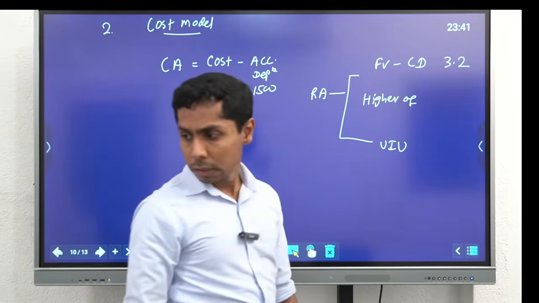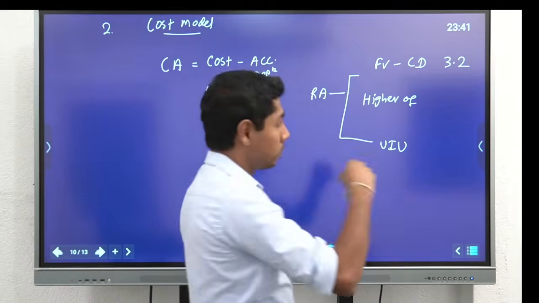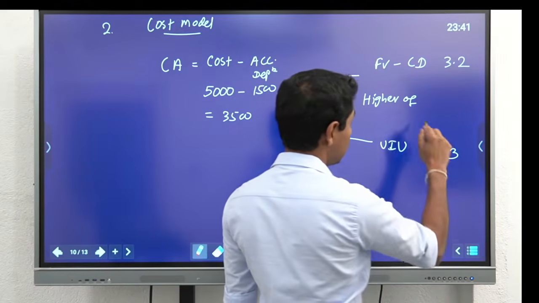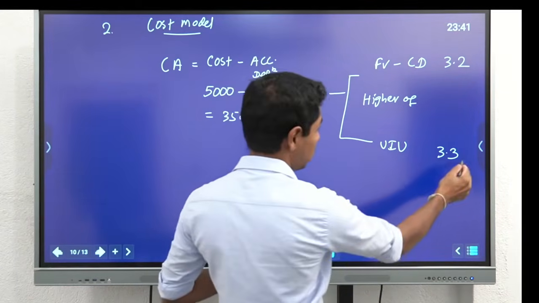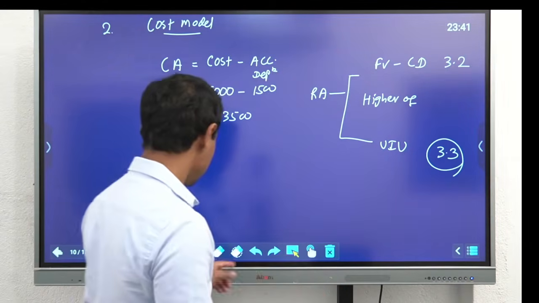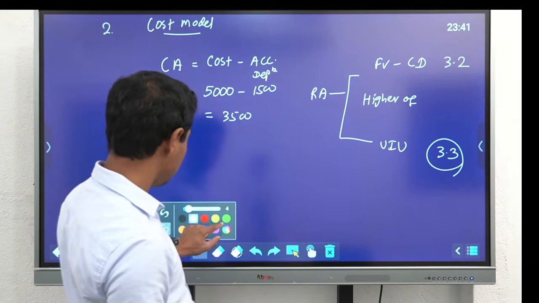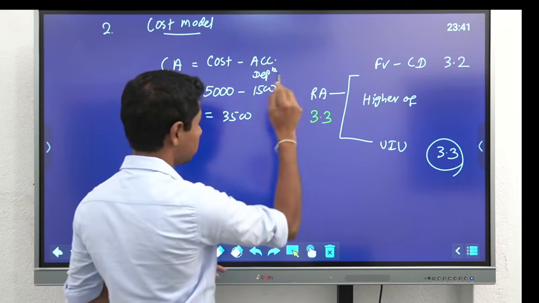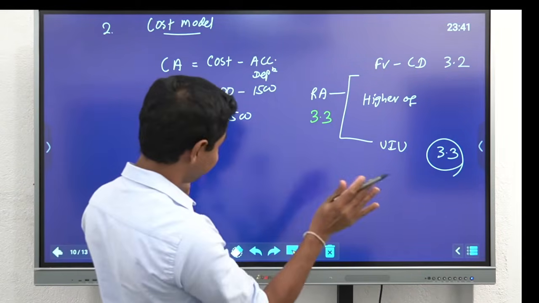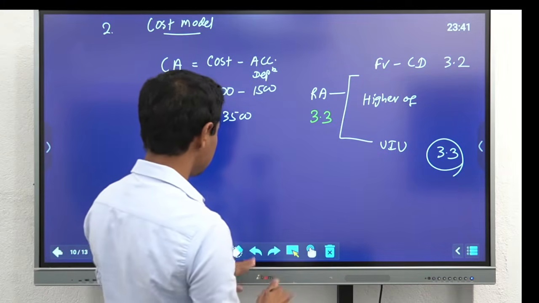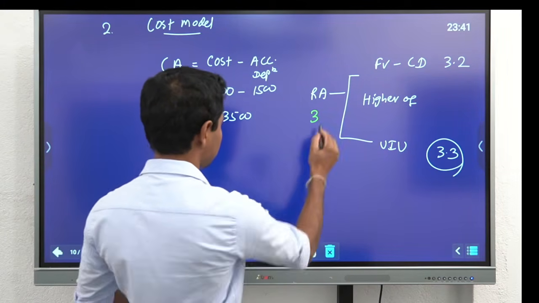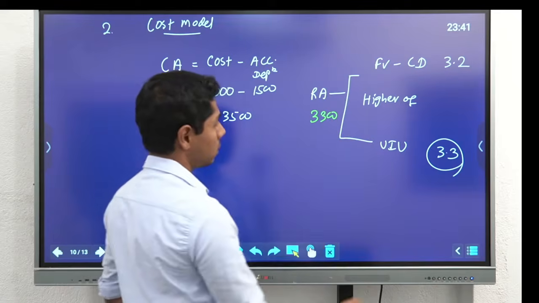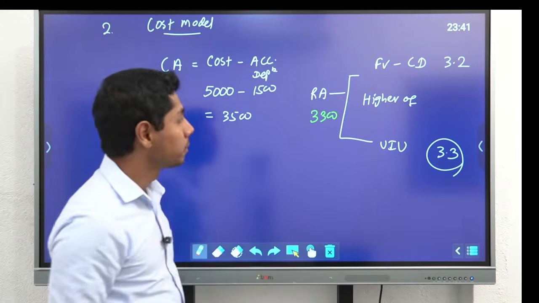Value in use is given as 3.3. So what do we select? Higher of these, this one. So the recoverable amount is 3.3, in thousands, 3,300, correct?